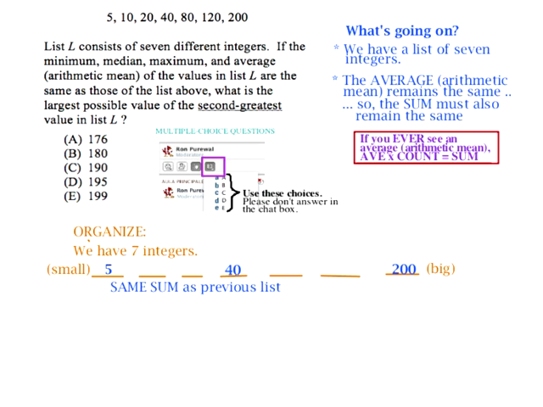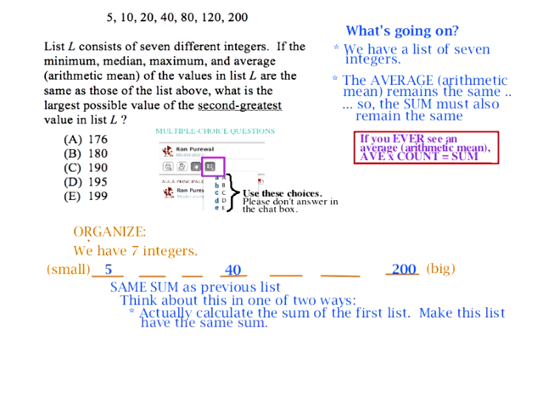The first way is simpler but more work, which is you can actually calculate the sum of the first list, and then make this list have that same sum. Or, I don't like doing that much work because, let's be serious, I don't really like doing work. I would rather think about how much things go up and down.